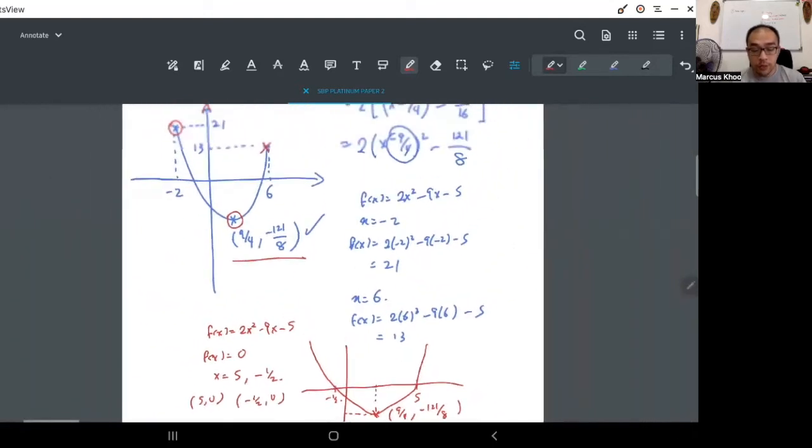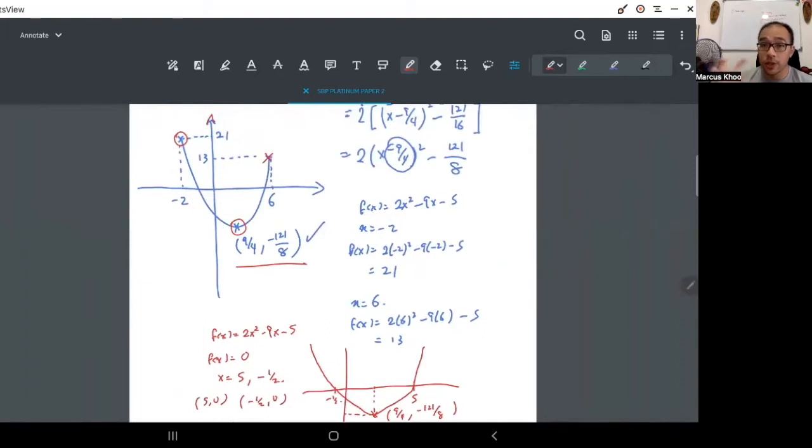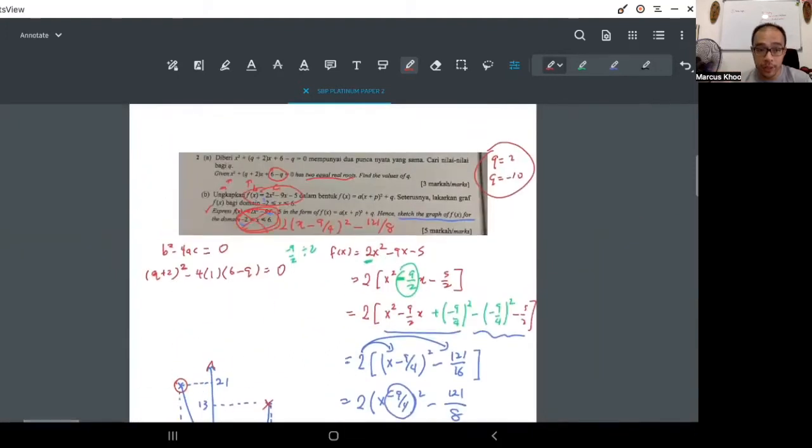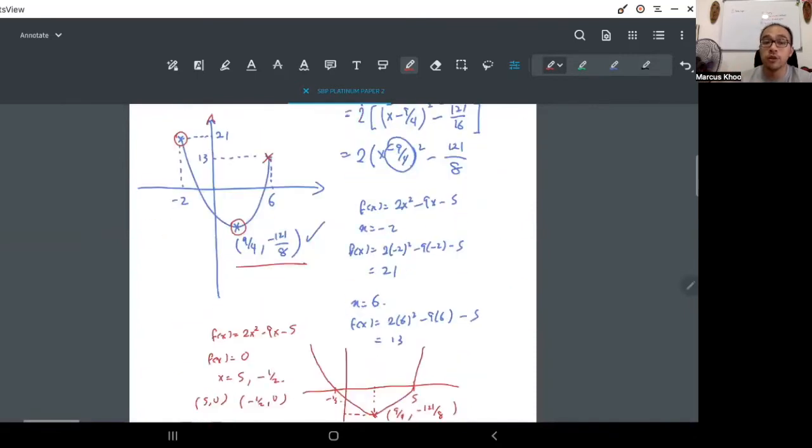So it really depends on how the question is worded. If they give you the domain, then you use the domain to find 2 other points. But if they don't give you the domain, you need to factorize it and find the 2 x-intercepts so that you can still show me 3 points.